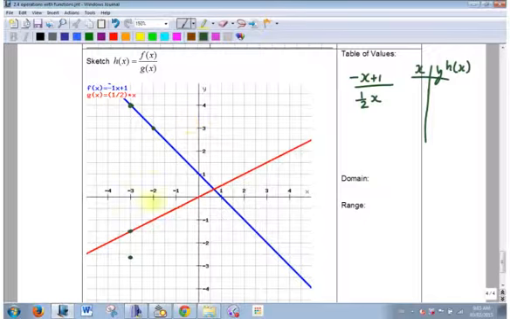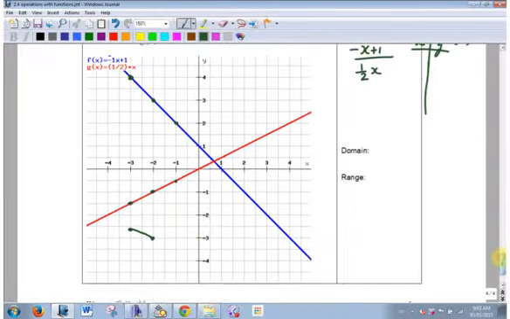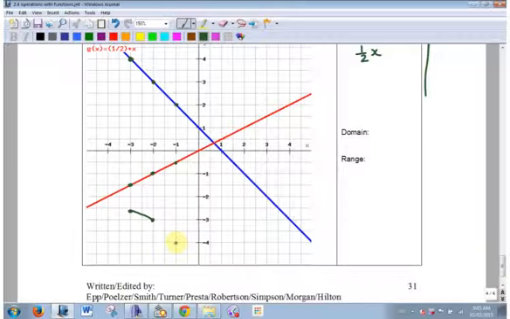Three divided by negative 1, negative 3. 2 divided by negative 1/2. How many halves go in 2? What'd you say? 4. Right? How many half cups of flour in 2 cups? And it's negative.